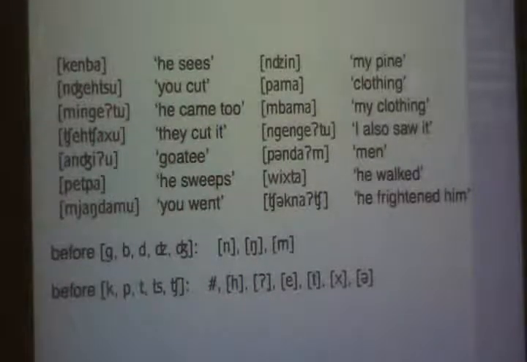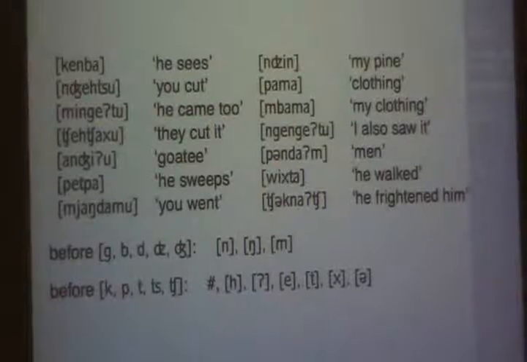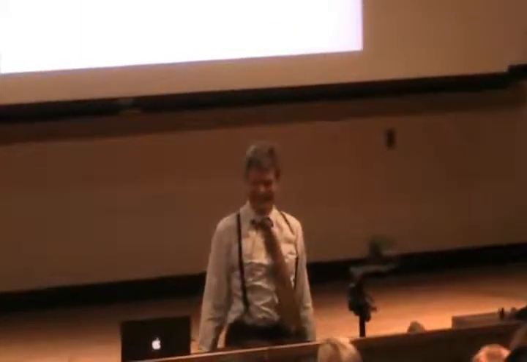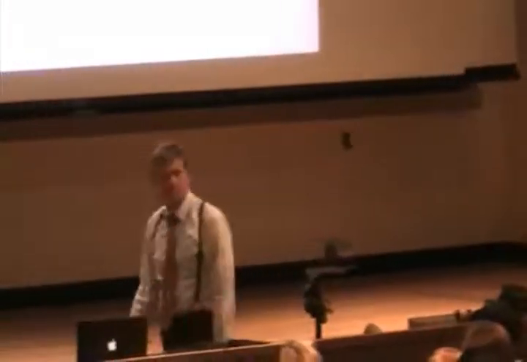So, that's exactly what we would expect if there is a rule that turns one of these into the other because of the sound that comes before. This rule would do exactly what we see. It would make one of these follow anything at all except the group of sounds in which that group turns into the other group. This is what we would expect to find if there were one of these two rules.